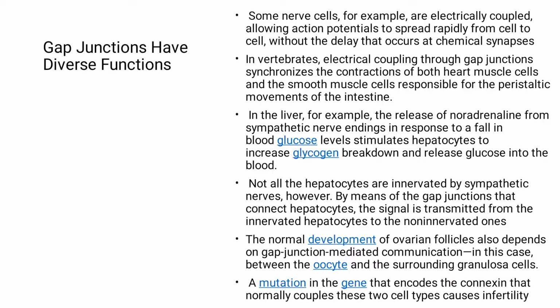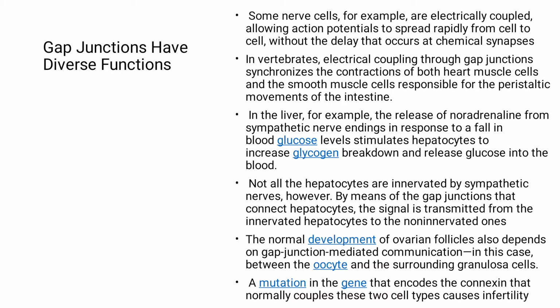Gap junctions have diverse functions. In tissues containing electrically excitable cells, coupling via gap junctions serves an obvious purpose. Some nerve cells, for example, are electrically coupled, allowing action potentials to spread rapidly from cell to cell, without the delay that occurs at chemical synapses.